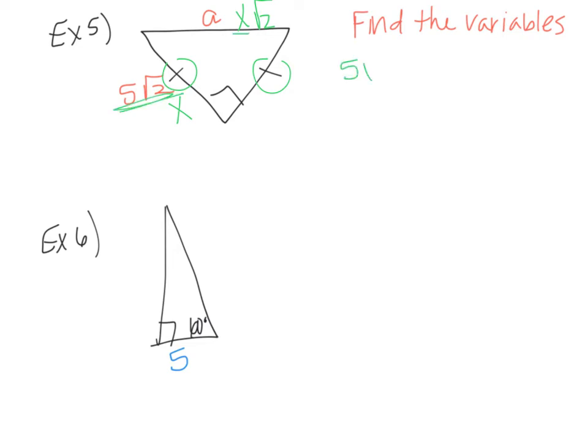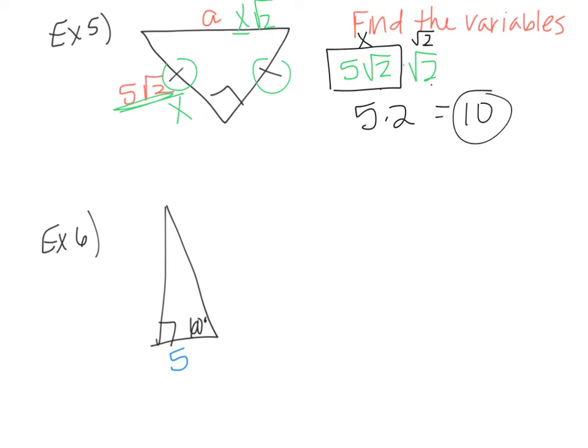So this is 5 square root 2 times the square root of 2. Notice here that this was my x. And then I had to add square root 2 because it was the hypotenuse. The square root of 2 times the square root of 2 is 2, so this is 5 times 2, which is 10. So there's a couple examples of the 45, 45, 90.